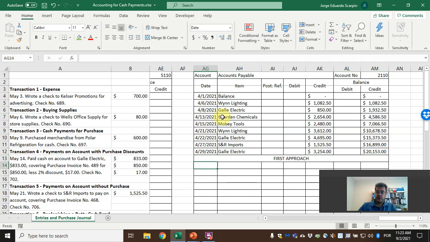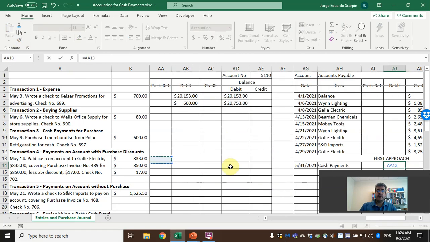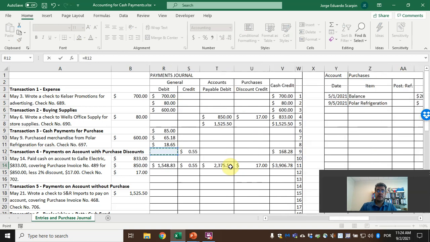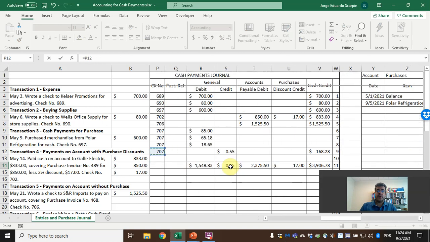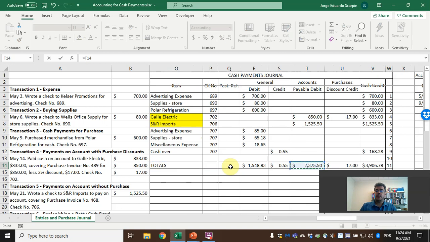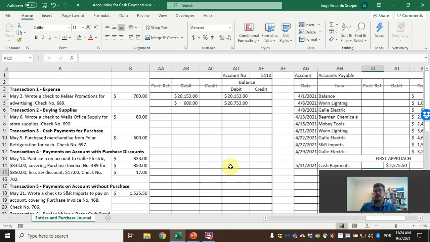What do we do? 5/31, the total payments or cash payments, and we debit the total here, accounts payable debit.